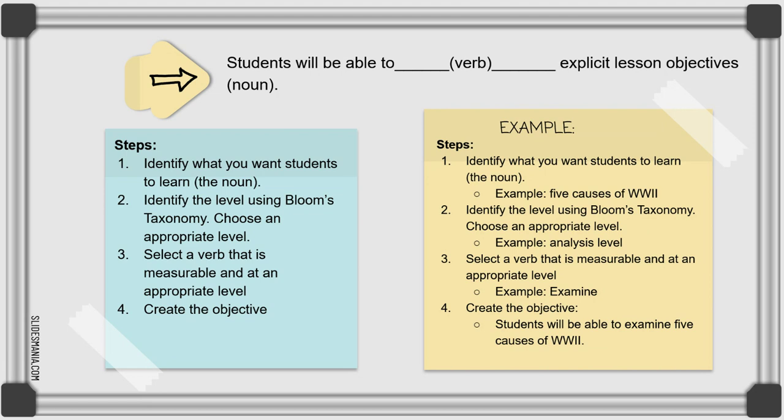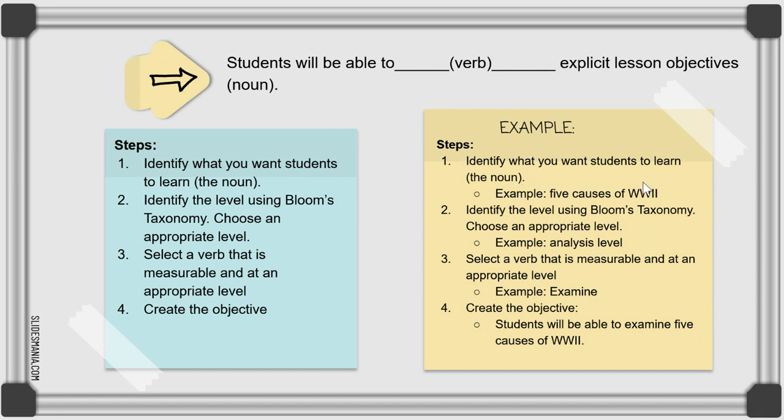So when you're introducing a subject or a skill, you're not going to go straight to application or synthesis, depending on which verb you want to use. And so that's really important to understand when you're setting this up. And then you'll create your objective, okay?